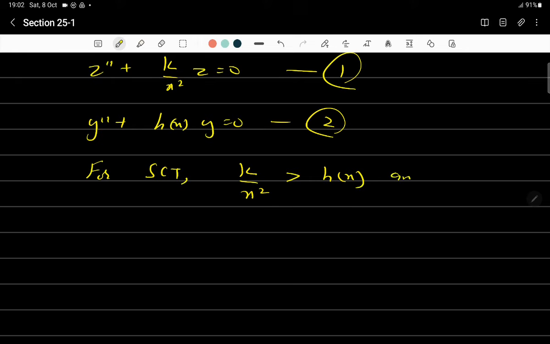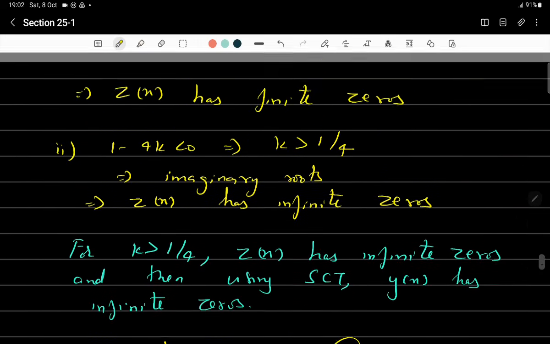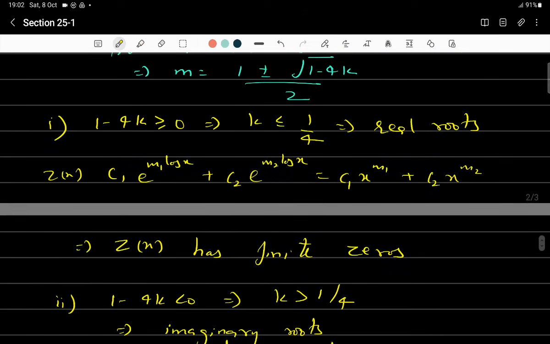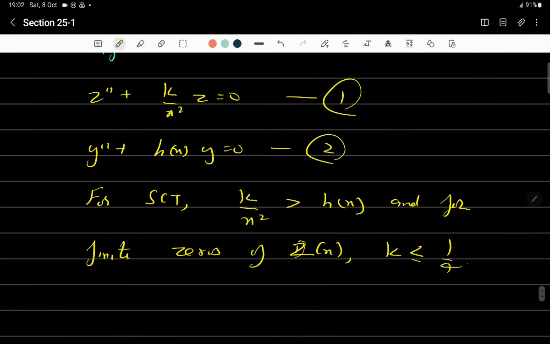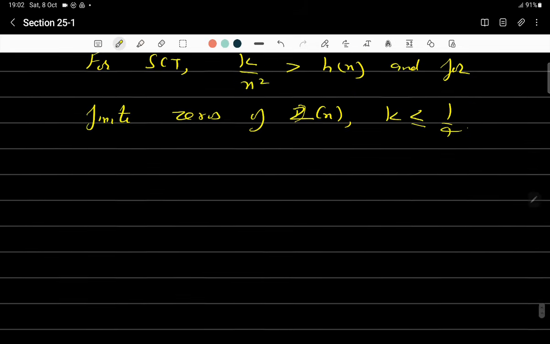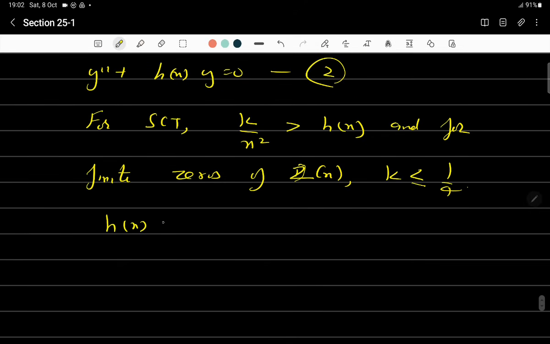So for the Sturm comparison theorem, k/x² must be greater than h(x). And for finite zeros of z(x), k should be less than or equal to 1/4. This we have discussed. So now h(x) is less than k/x², which is less than or equal to 1/(4x²). So I replace k by 1/4, and h(x) is less than 1/(4x²).